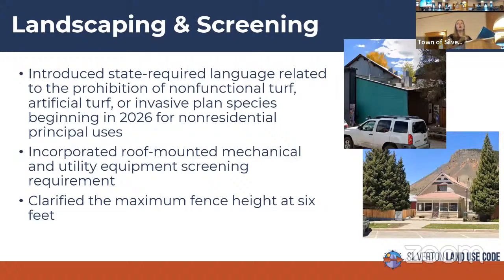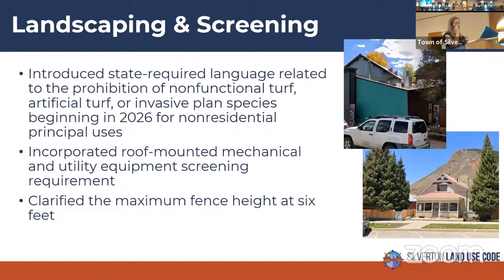The only landscaping requirements in there are state required to be in the land use code, which was recent legislation that requires that beginning in 2026, non-residential principal uses cannot install non-functional or artificial turf or invasive plant species.